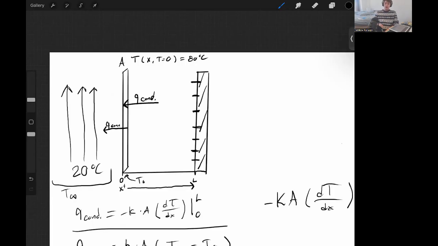When we have an insulator on the right side, we know that it's going to be the same temperature as the slab itself because it can't store any energy. It's terrible at holding any energy, so when it's met with it, none of it is going to transfer over. So we can make an assumption that it will be the same temperature as the slab, and we know that the slope to the right will always equal zero because of that.